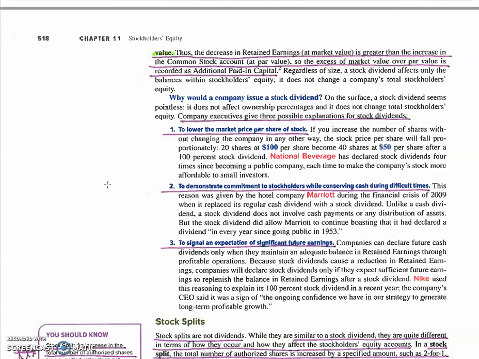So a company like Home Depot, they may say, well, we think the investors who want to buy our stock would be more from the working class and more interested in paying a price of, say, $20 to $30 per share. And let's say their stock is trading at $60 per share.